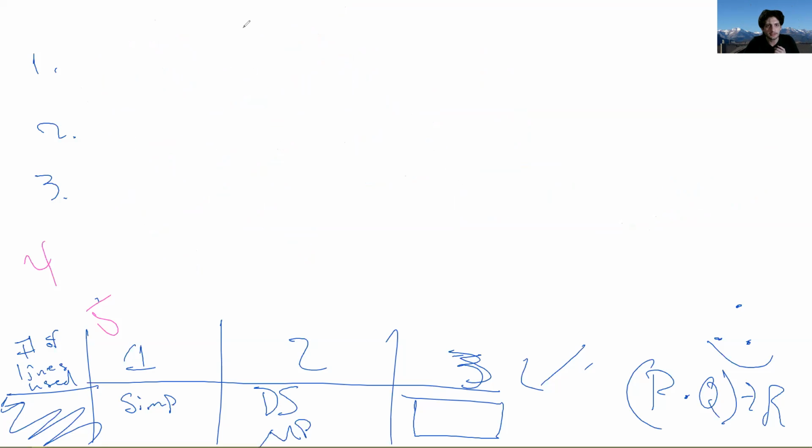Another rule that it's important for us to talk about, without which our system actually wouldn't be complete, is addition. We'll turn back to the truth table to see it.